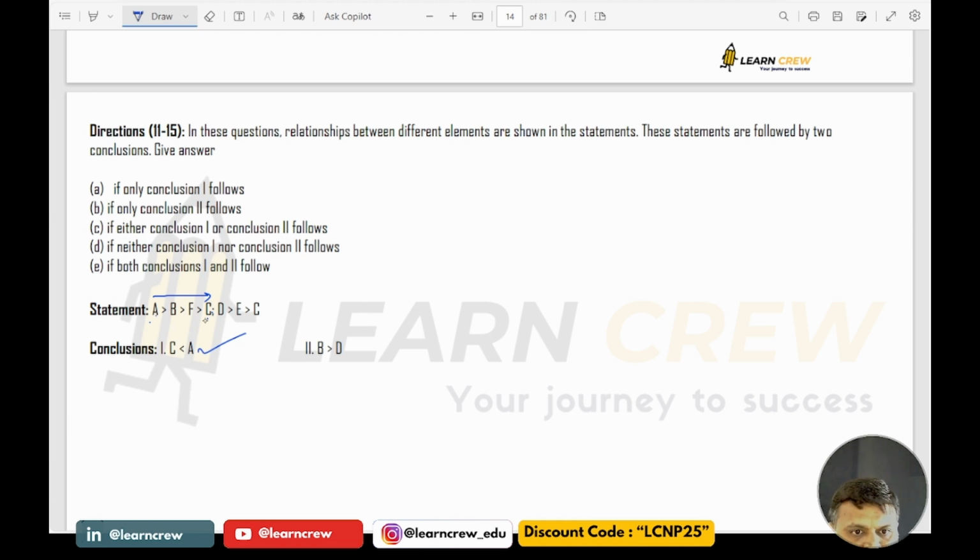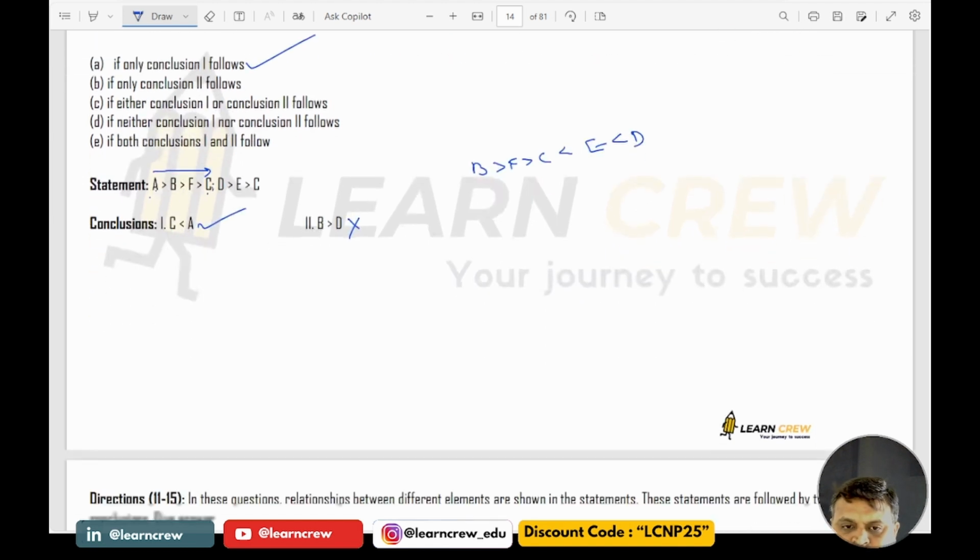Between B and D, B greater than F, F greater than C, C is less than E, E is less than D. So you have 2 inequalities, greater and lesser. So the relationship can't be established, only one.